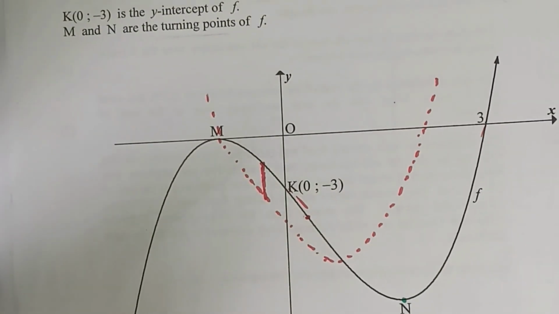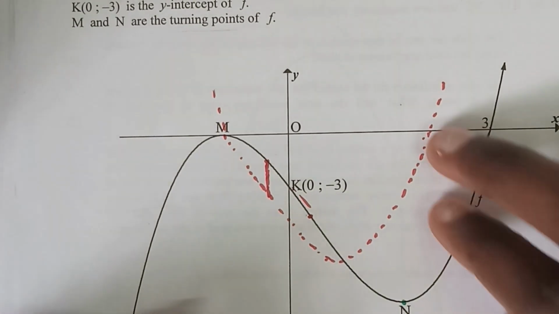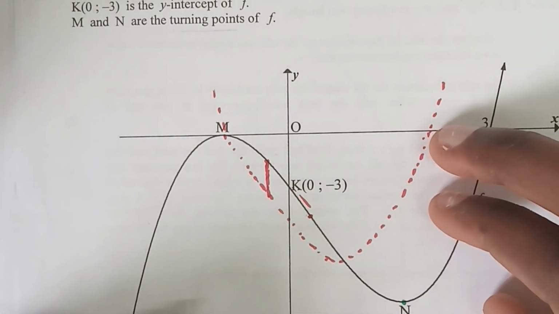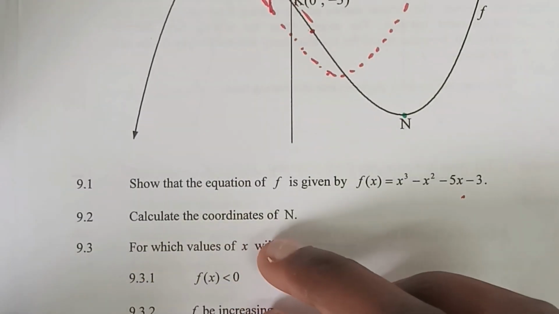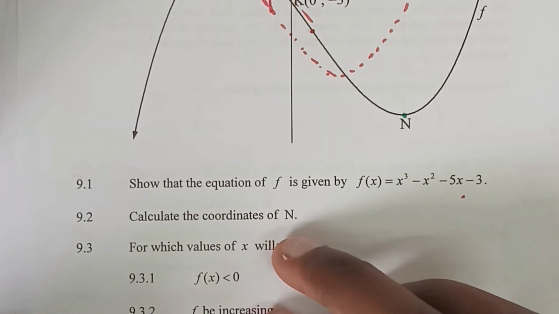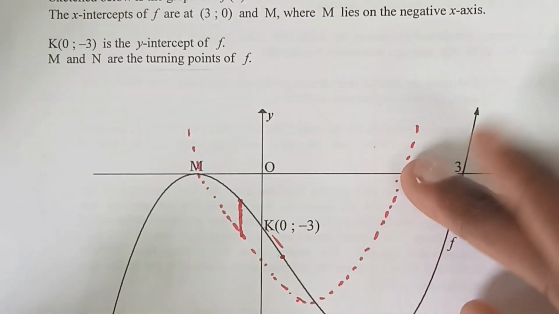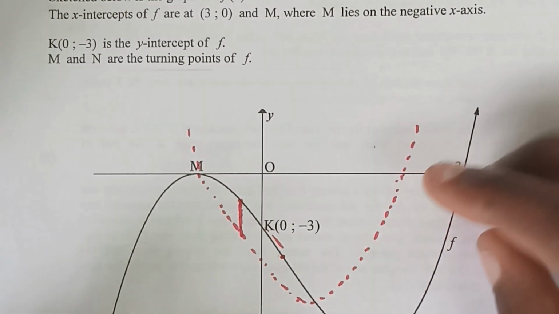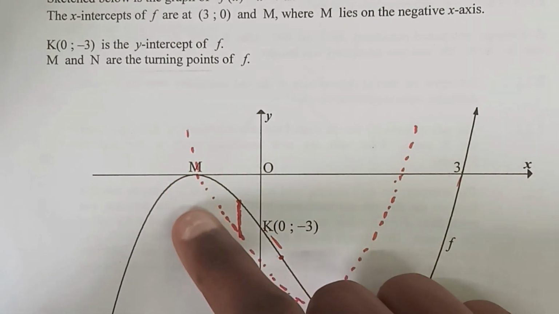So I did highlight it now that our graph, since we did the question, I think the previous questions where they asked us to calculate the coordinates of n, I did clarify that we got the coordinates of n, whereby it was positive 2 and negative 1.